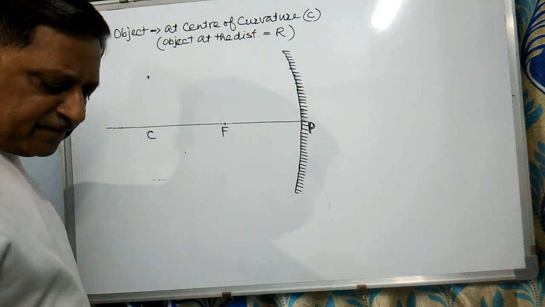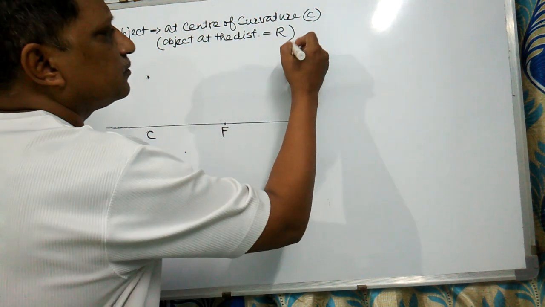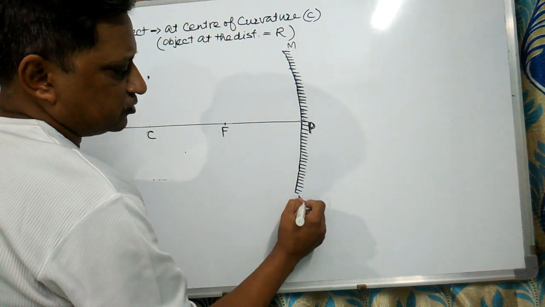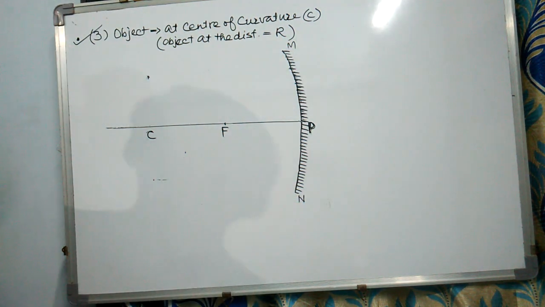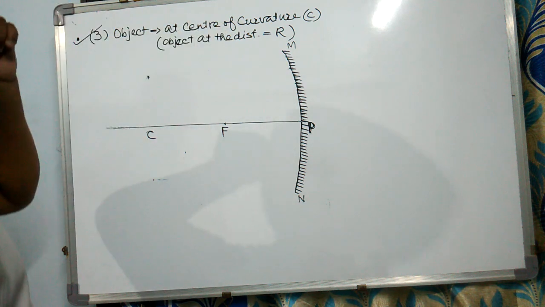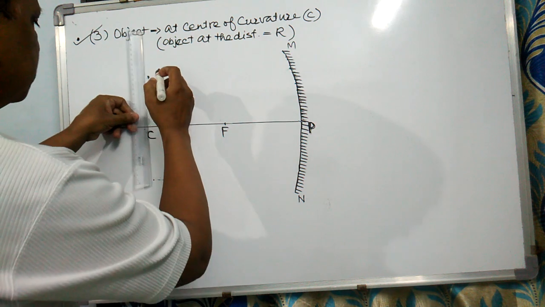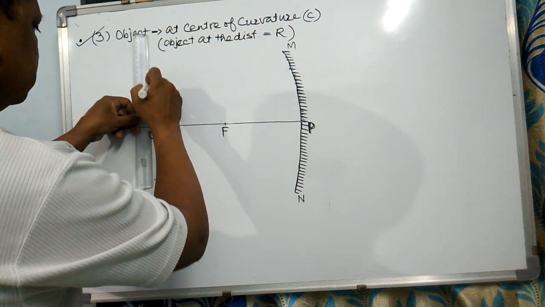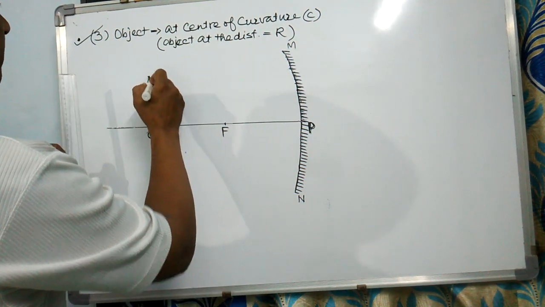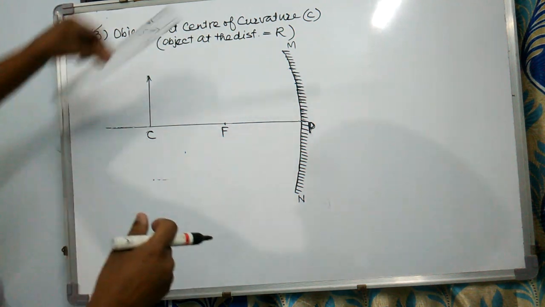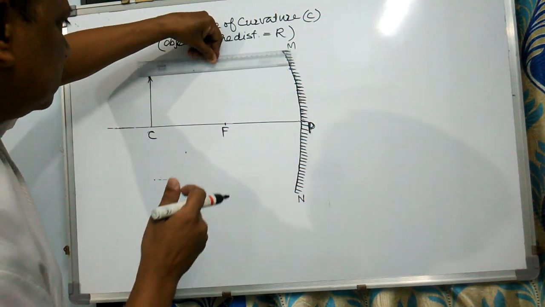The non-reflecting surface of the concave mirror is also shown. Now the object is at the center of curvature. It means our object is here, at the center of curvature.